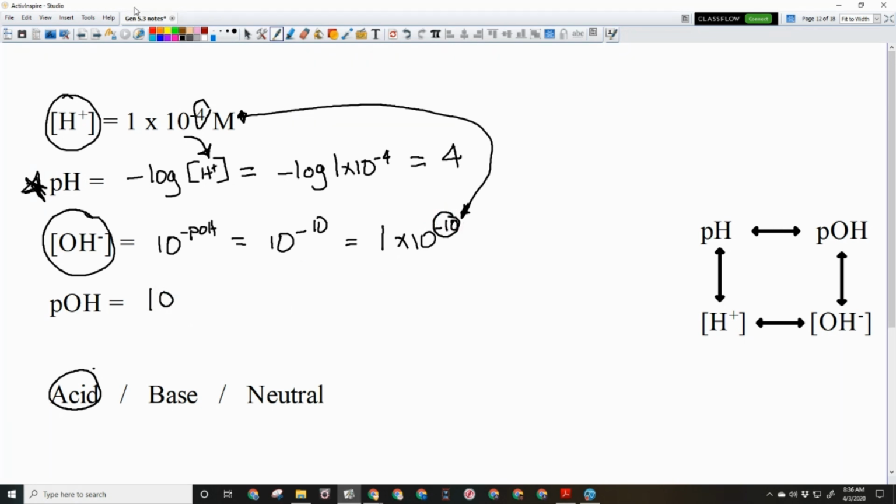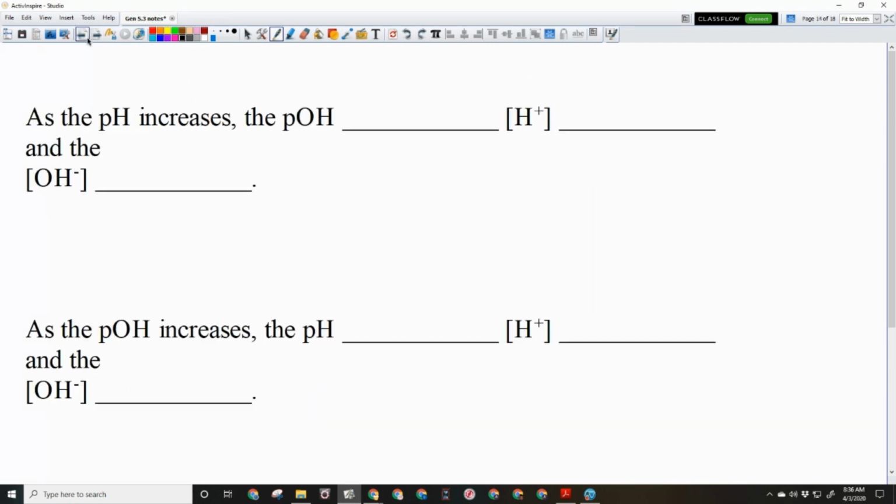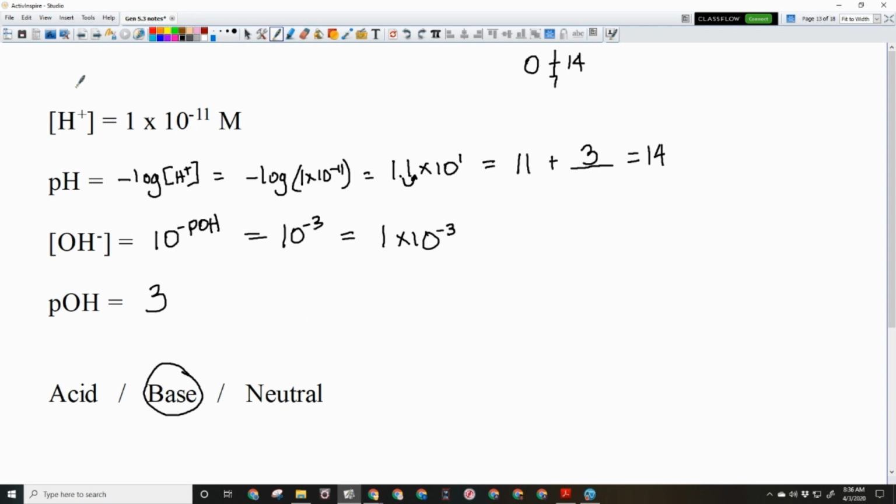Now, however, all of these coefficients in scientific notation aren't always 1. But this works if it's 1. On this next example, oh, there is not another example. You're going to see in your problems that those numbers are not always 1. Sometimes they are, but most of the time they're not.